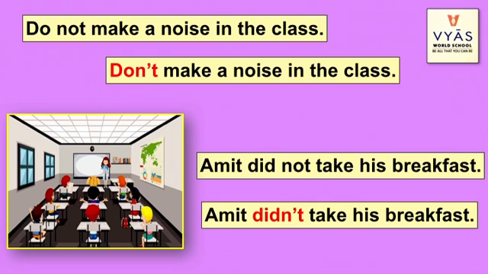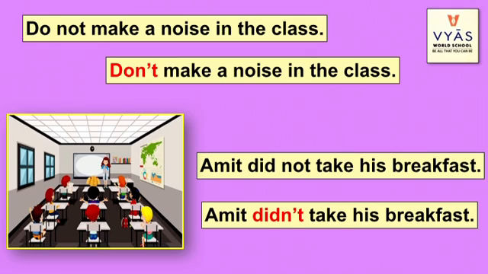Now children, let us look at a few sentences where we have used a contraction with the word not. The first sentence is, do not make a noise in the class. So in do not, we have missed the letter o, and in place of that letter we have used an apostrophe, and we are going to read the sentence as don't make a noise in the class.